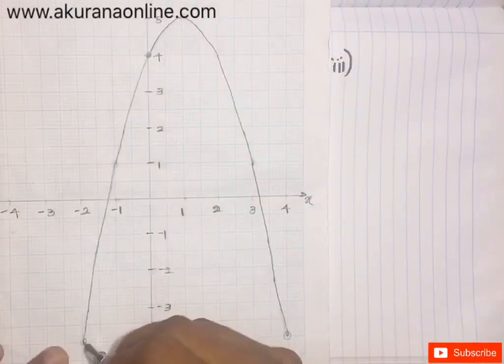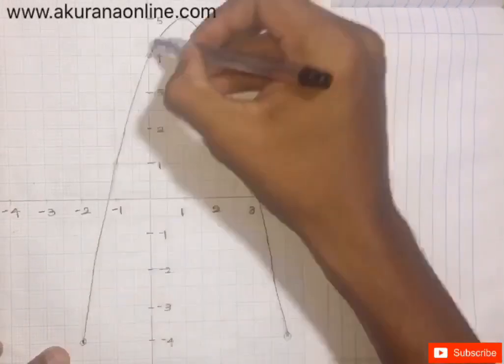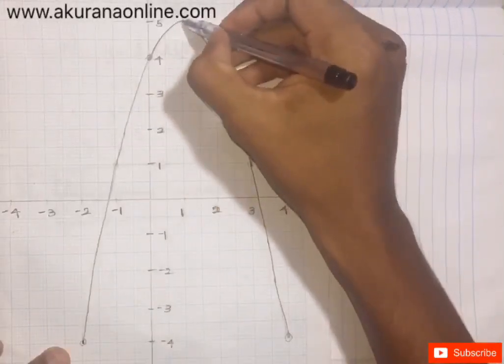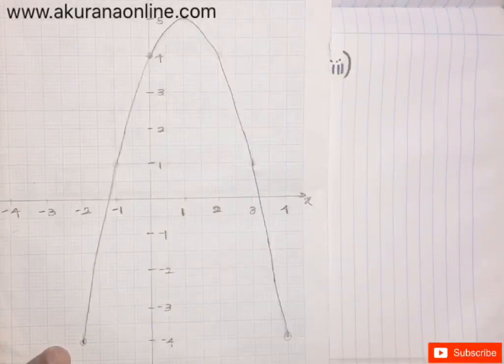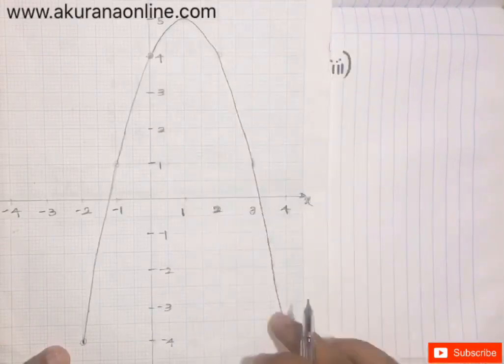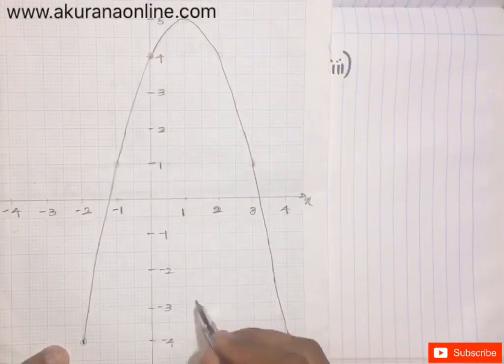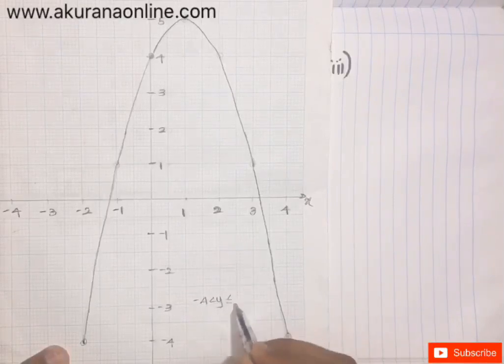Now this is the graph of y. If you consider the graph from this point to this point, the graph is increasing, and from this point to this point the graph is decreasing. Now you have to consider only the decreasing part. Out of this decreasing part, you have to consider where y is less than or equal to 1 and greater than minus 4.